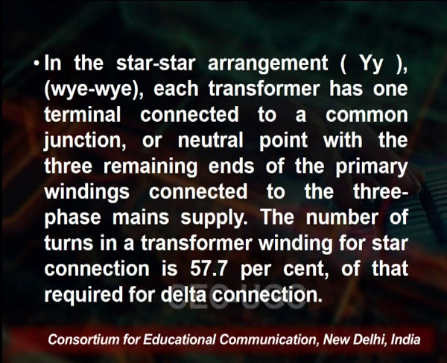So, the number of turns in the transformer winding of the star connection is 57.7% of those required for the delta connection. The star connection requires the use of 3 transformers. If any one transformer becomes faulty, then the whole group might become disabled. So, the others will not work.